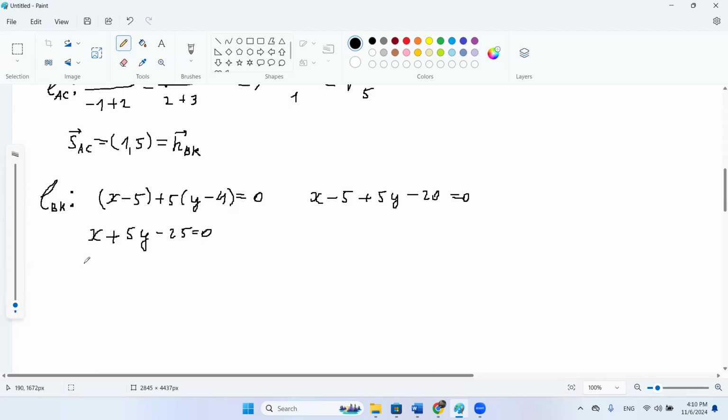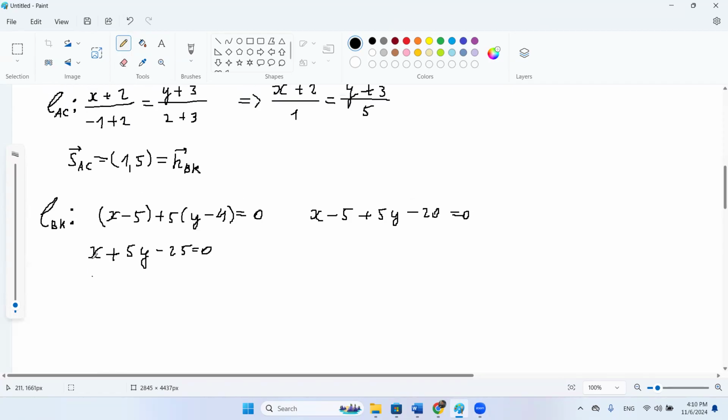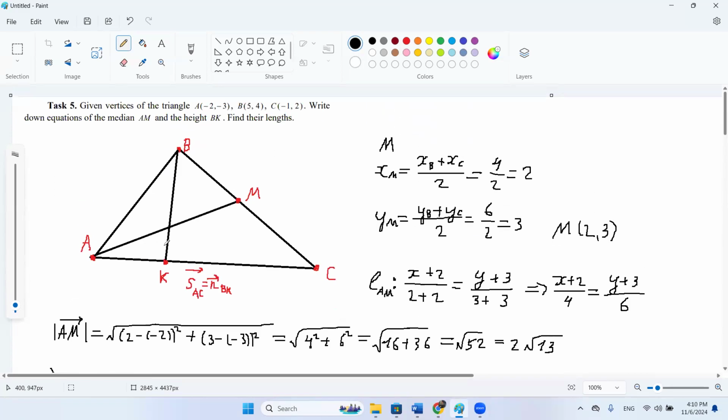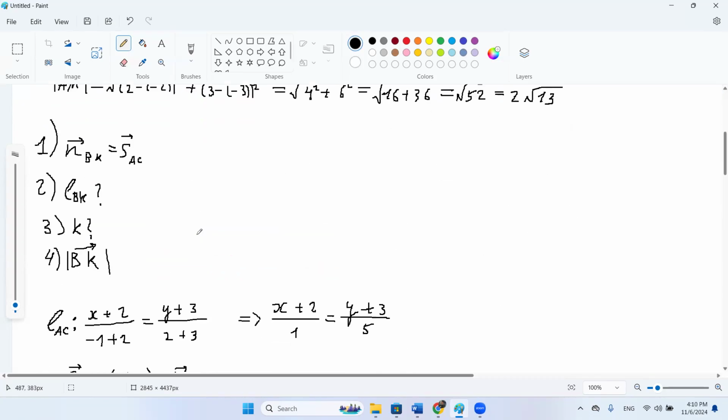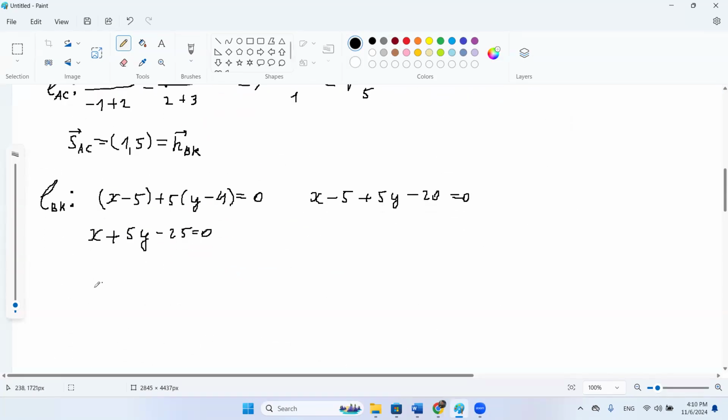Okay. So what is next? We need to find the coordinates of K, which will allow us to find the length of BK. That's what we need.